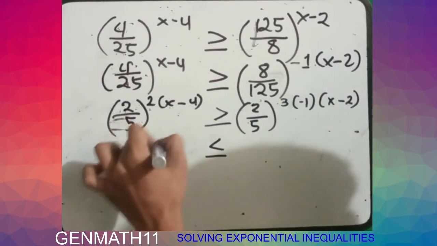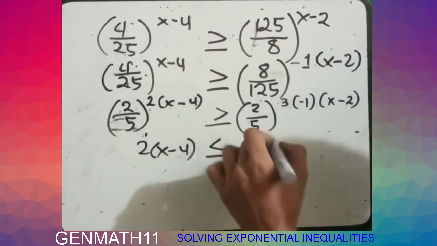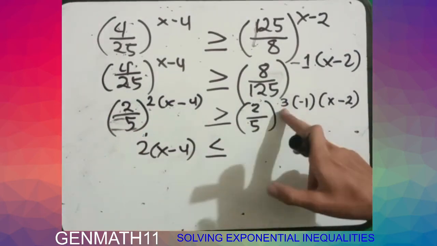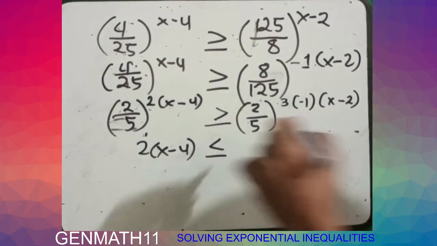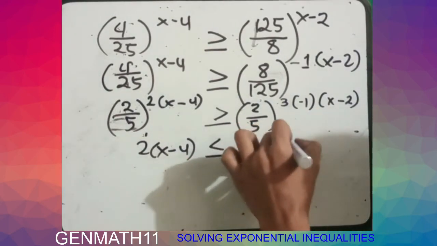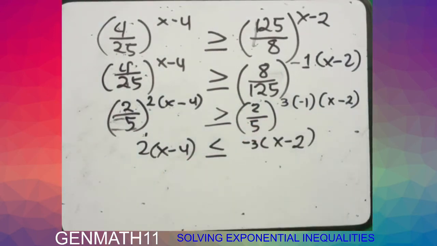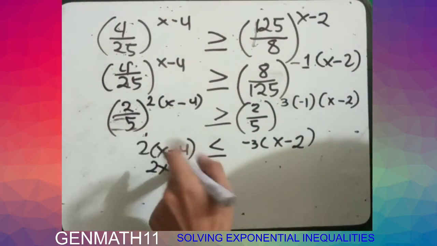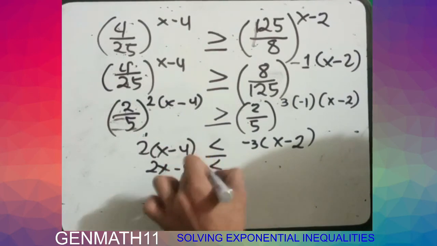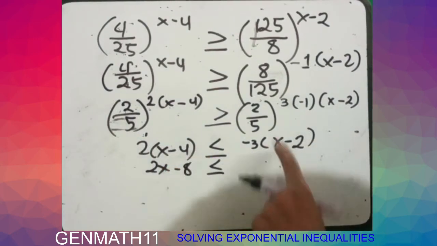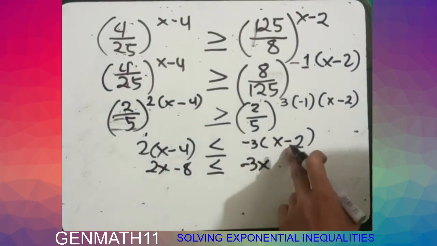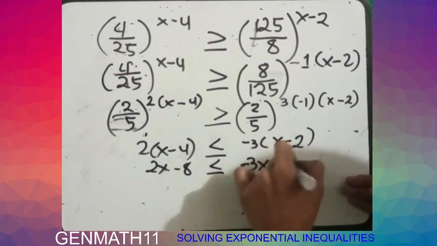Then, pwede na natin ibaba si 2 times x minus 4. Then, 3 times negative 1, para hindi kayo malito, i-multiply nyo na agad. So, 3 times negative 1 is negative 3. Tapos, saka i-times x minus 2. So, 2 times x is 2x. 2 times negative 4 is negative 8. It's less than or equal to negative 3 times x is negative 3x. Tapos, negative 3 times negative 2 is positive 6.